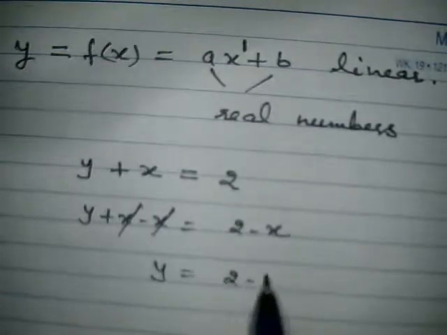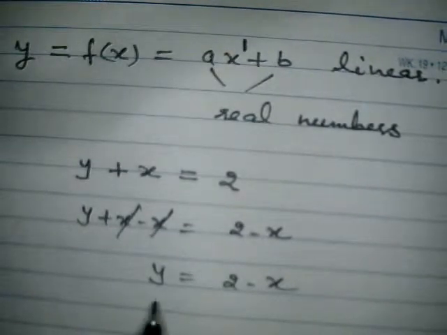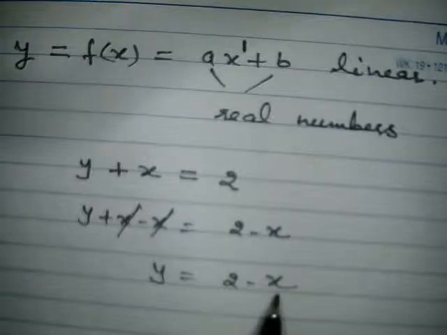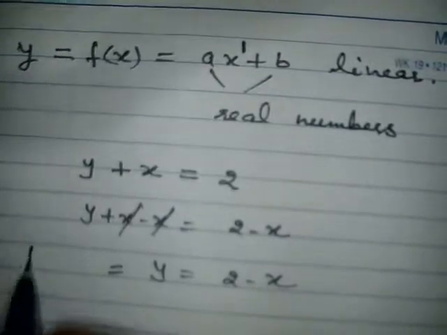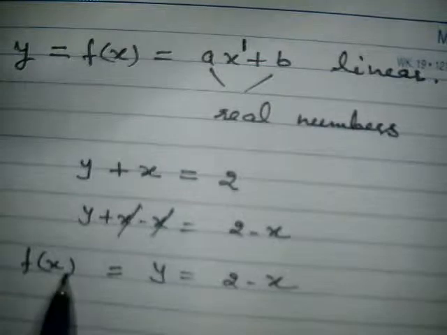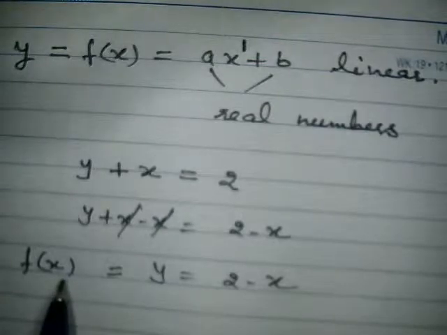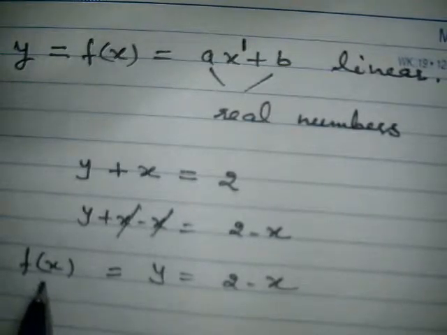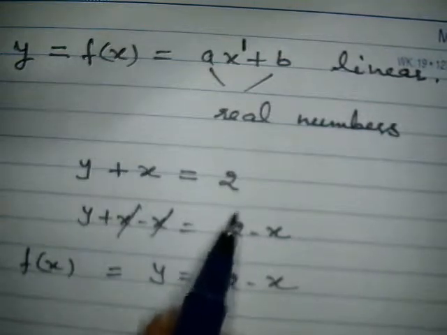This is called y written in terms of x. So that becomes the function of x, because the ultimate function is going to be in terms of x, so we can write f of x.